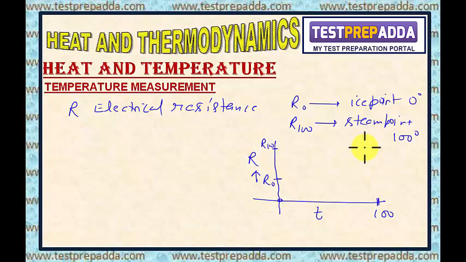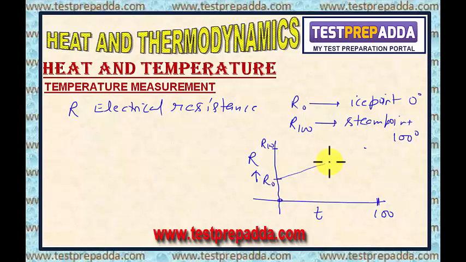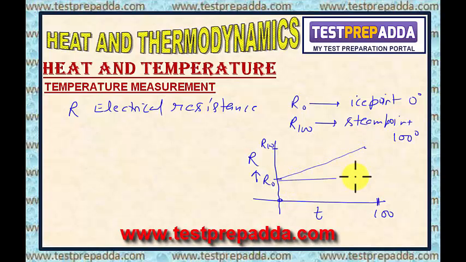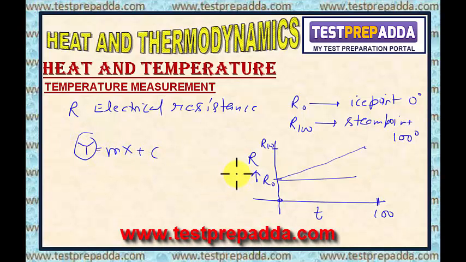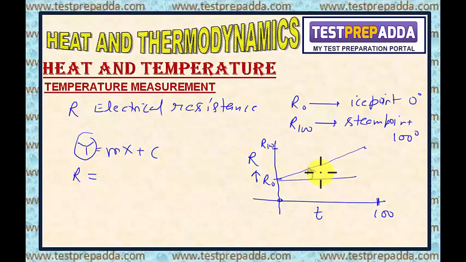So the graph will be like this. Now what relation we can write? y is equal to mx plus c. In place of y we can write here R, and in place of m we can write slope. Slope is, let us say, theta.